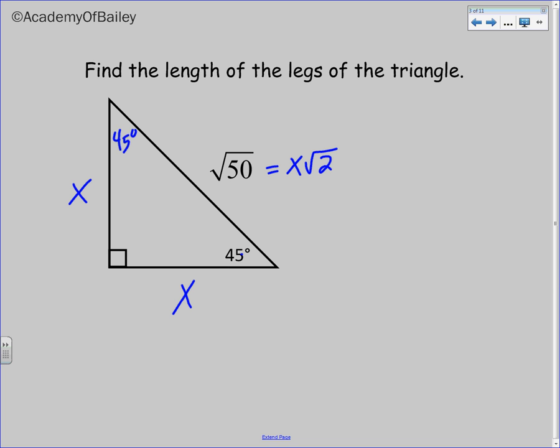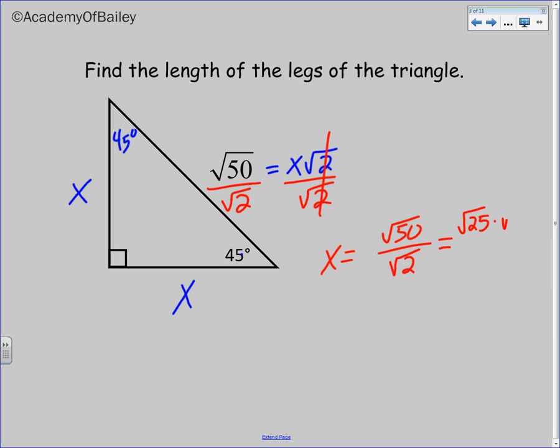So now how do we solve this out? Well, how do you get x by itself? You divide by the square root of 2. You divide by the square root of 2. Cancels. So now x is equal to the square root of 50 divided by the square root of 2. But remember, can we do some simplifying here? The square root of 50 breaks down into 25 and 2.